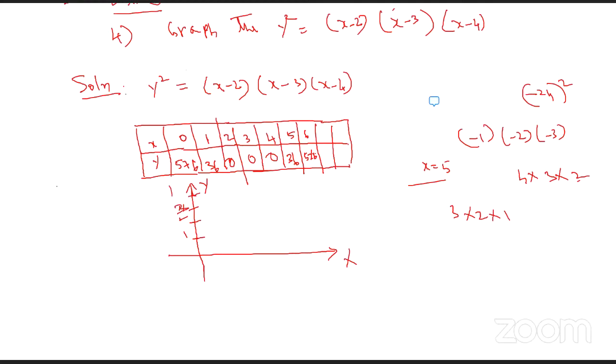This is 0, this is 1, this is 2. First 0, comma 576 is beyond the limits. Then 1, and 2, comma 0, you can draw a round point. 3, comma 0, and 4, comma 0, round the point.